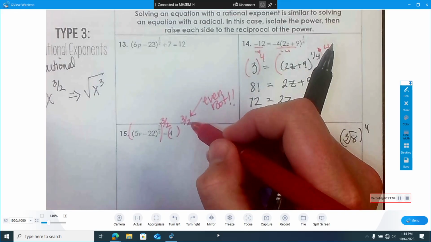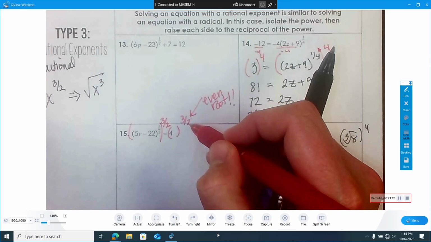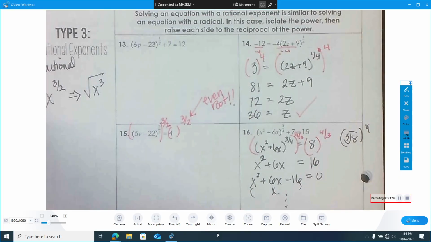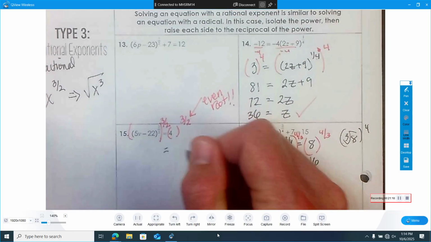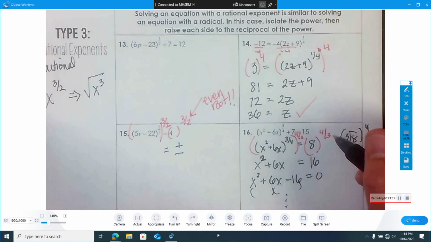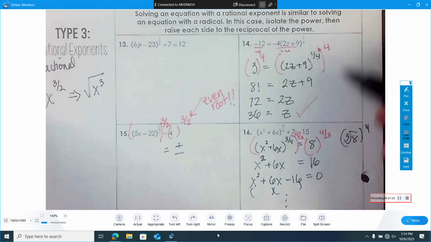So because this is 3/2, that is the index. The root is 2. We are taking a square root. So this is really particular. You have two answers, a plus or a minus, because that's a square root, essentially, is what we're taking. Over here, this was an odd root, and this one, we're not taking a root, we're raising it to the 4th power, okay?